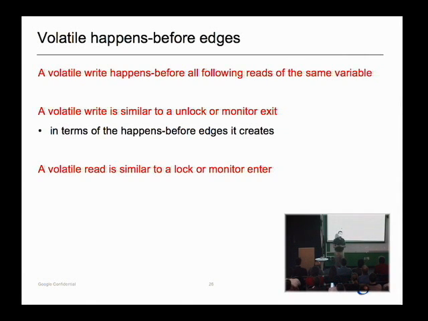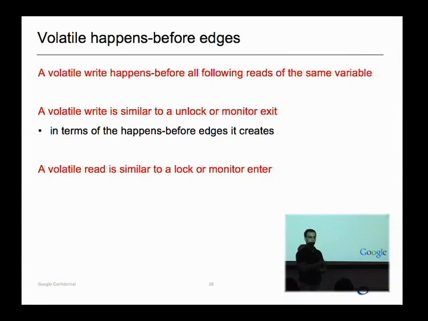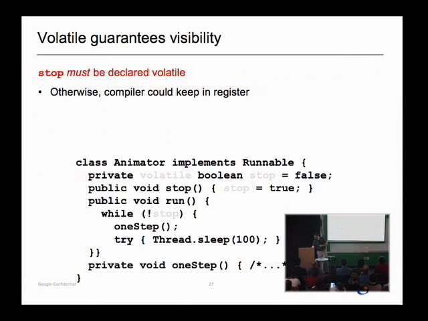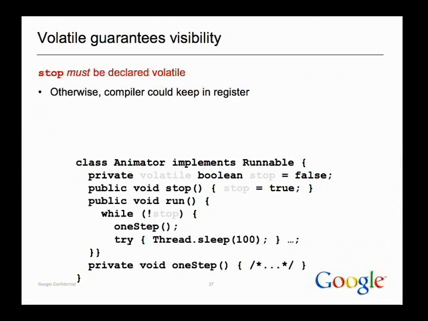In this way, you can think of a volatile write as akin to a monitor exit, which is just what we call an unlock in Java, and a volatile read as similar to a later lock on the same variable.